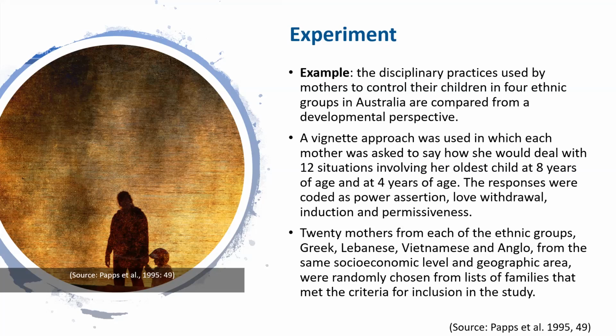They chose 20 mothers and asked them how they would react or behave in 12 situations with their eldest child, who is 8 years old, and with their youngest child, who is 4 years old. They chose those mothers from 4 different ethnic groups: Greek, Lebanese, Vietnamese, and Anglo. And they randomly chose them from a list of families.